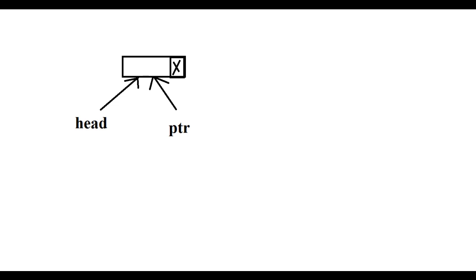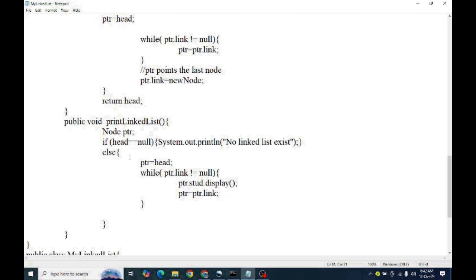See here, the ptr.link field is null. The condition goes wrong, because this is null and we are checking it is not equal to null. So the while loop exits. That is the problem. So it is not printing the data when there is only one node in the linked list.